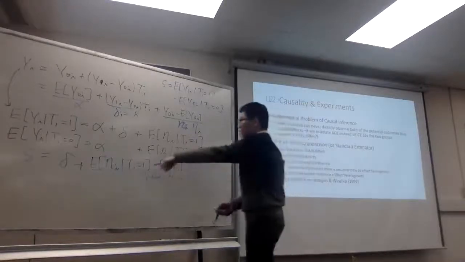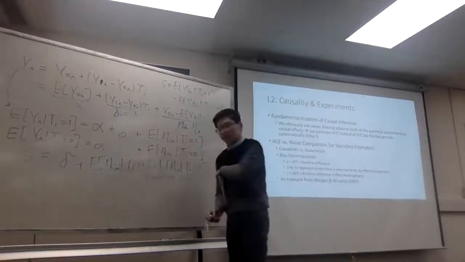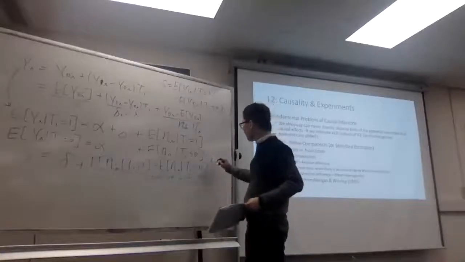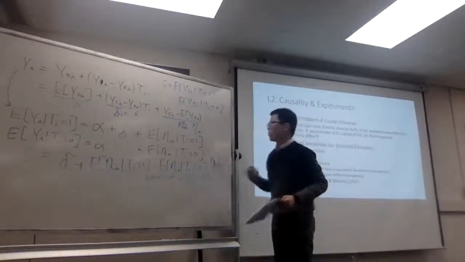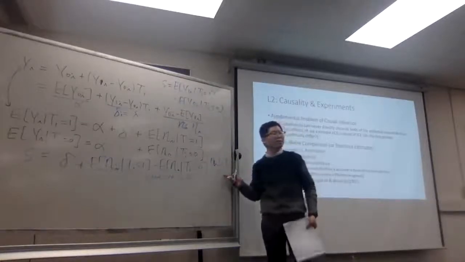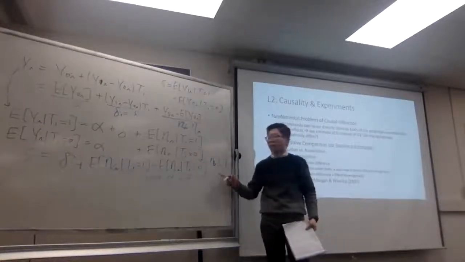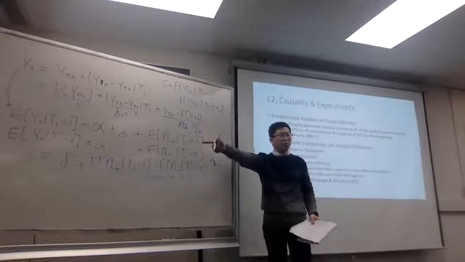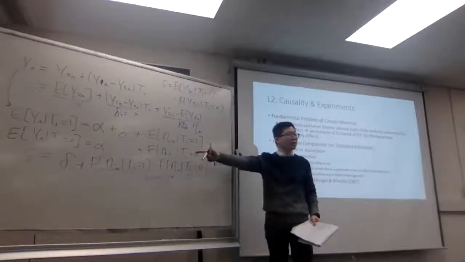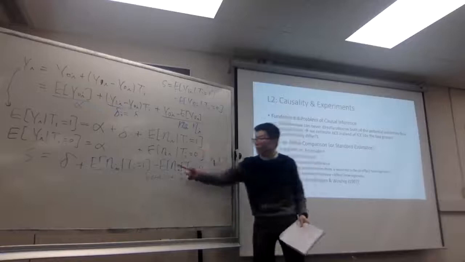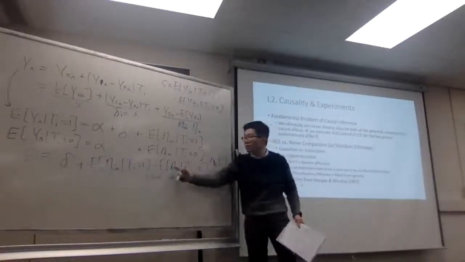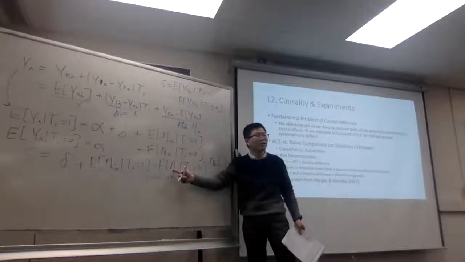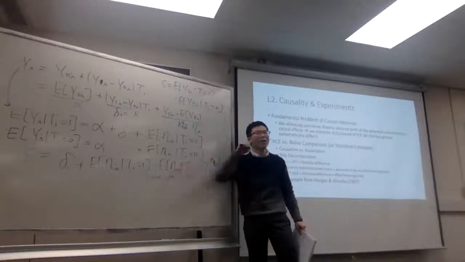So if T and eta are independent from each other, then the naive estimator would be the causal effect, because they would be the same. Depending on T, this one does not change, right? Any questions?